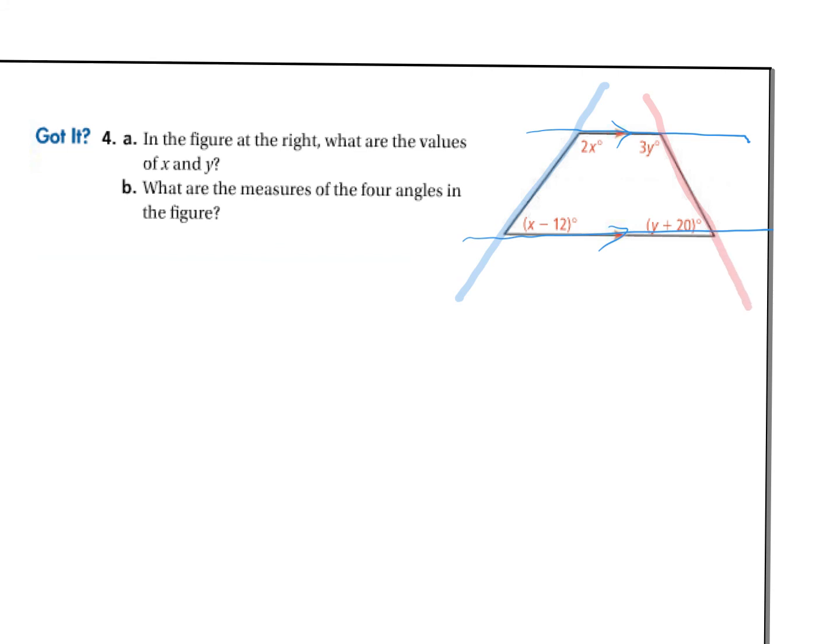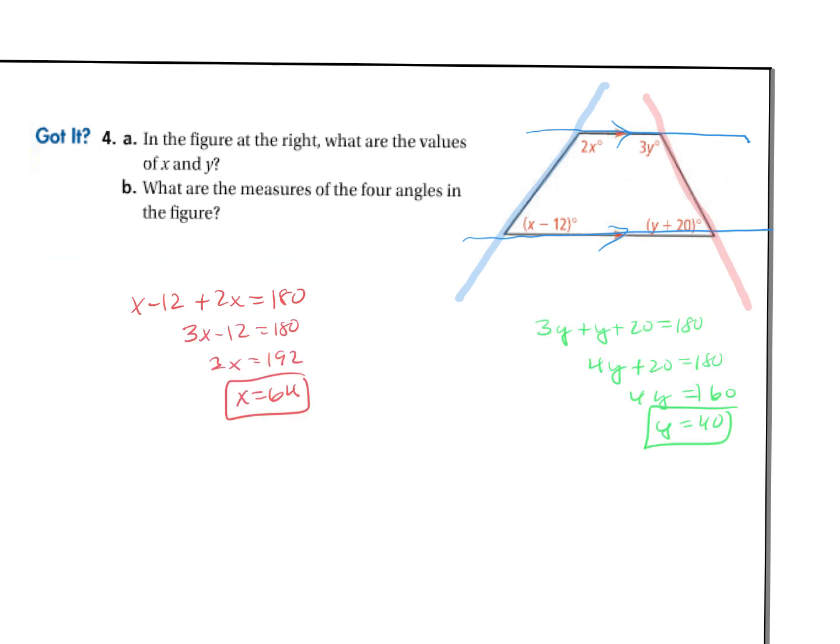So how do the two angles here relate? They are same side interior. So how can we set that up? And we can solve that for x and then set up the other two and solve for y. Plug it in to get the angles. Try that. And what do we get for the measures?